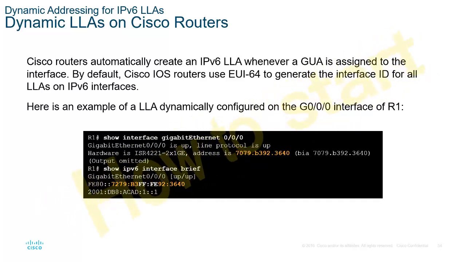In this example, they're looking at Gig 0/0/0 on the device, and you can see the link local address and compare it with the MAC address. Again, the MAC address is split in half, FFFE is inserted in the middle, and the 7th bit is flipped. So you can see the similarities between the link local FE80 address and the MAC address.